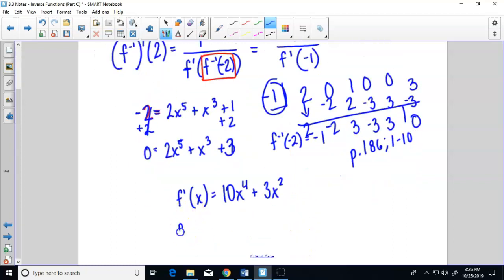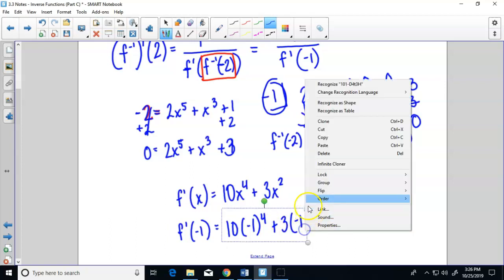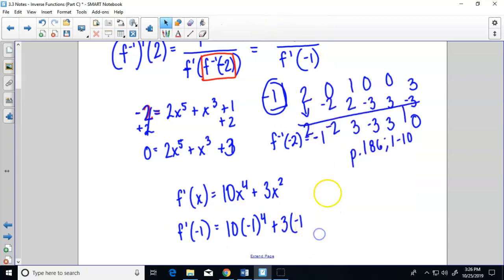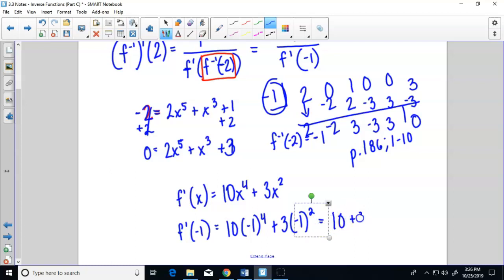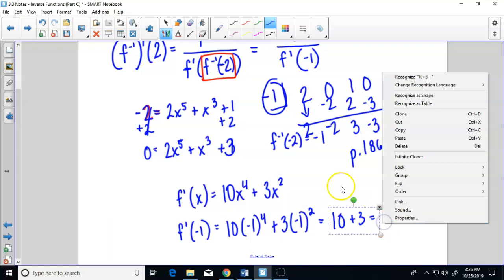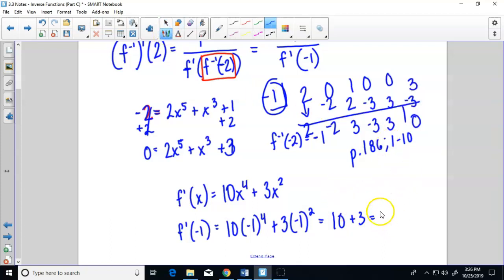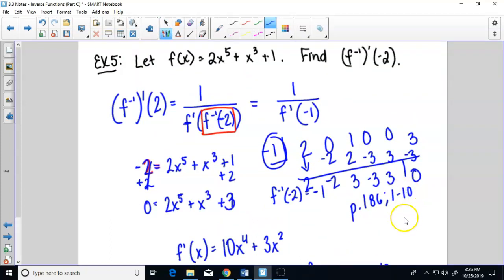So if we find f prime of negative 1, we'll get 10 times negative 1 to the 4th plus 3 times negative 1 squared, which is going to give us 10 plus 3, which will give us 13. So f prime of negative 1 is 13, so our answer is 1 over 13.